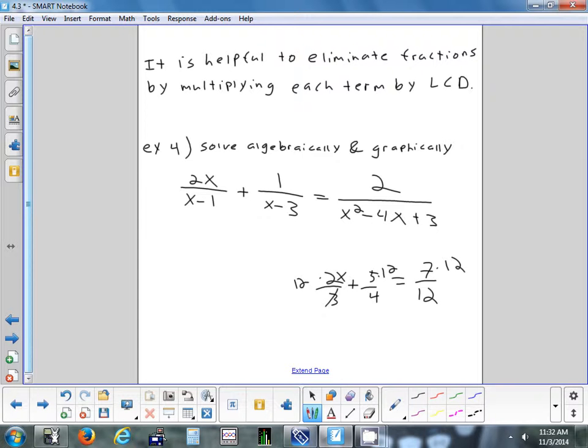Because then 3 would go into 12, 4, and leave you with a 1 in the bottom. 4 would go into 12, 3, and 12 into 12 would cancel. So what we're doing is multiplying each term by the same thing. Okay, let's try the same idea now with this.